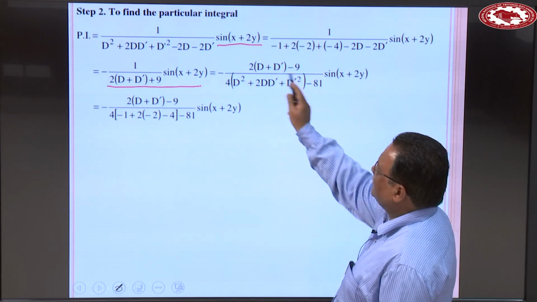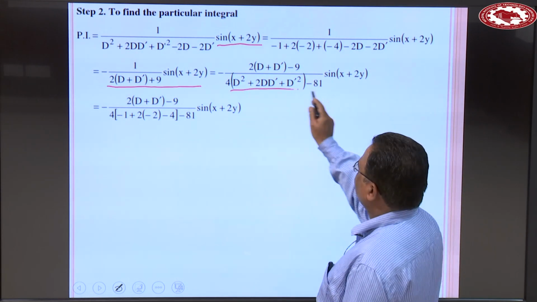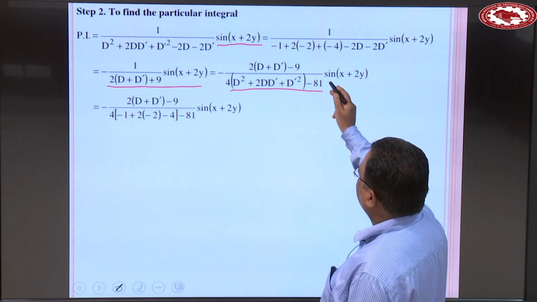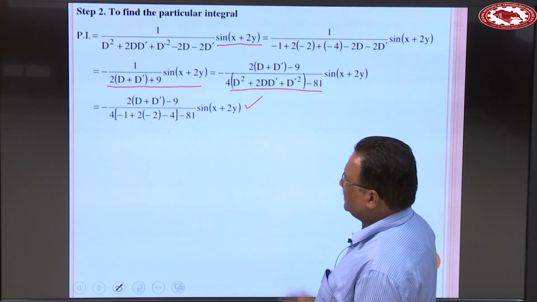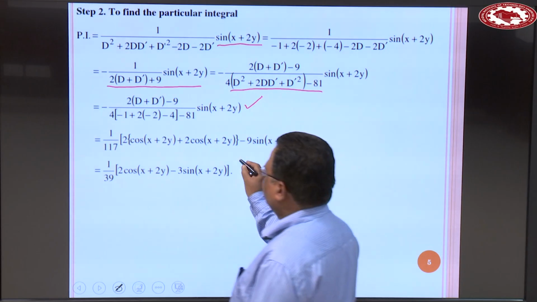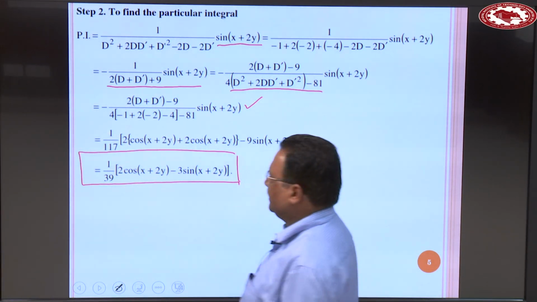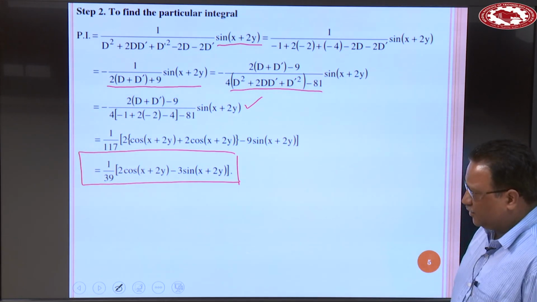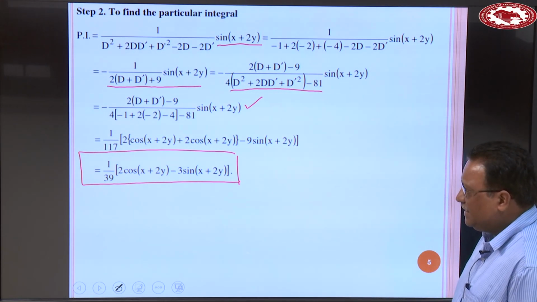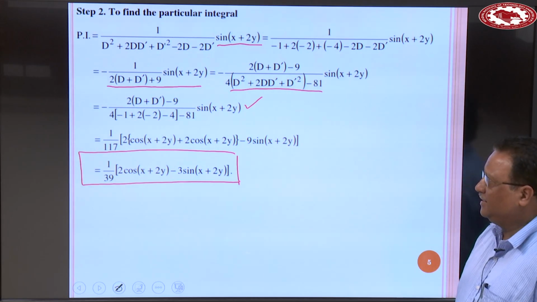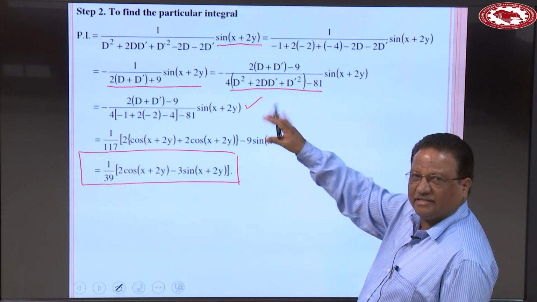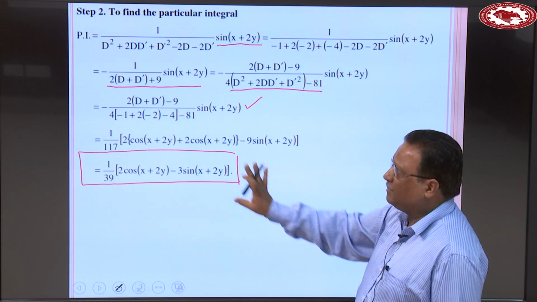Multiply and divide by this term, the denominator becomes this, and simplify. We obtain the particular integral as 1 over 39 into 2 cos(x plus 2y) minus 3 sin(x plus 2y). Simplify this whole process as usual and find the particular integral.